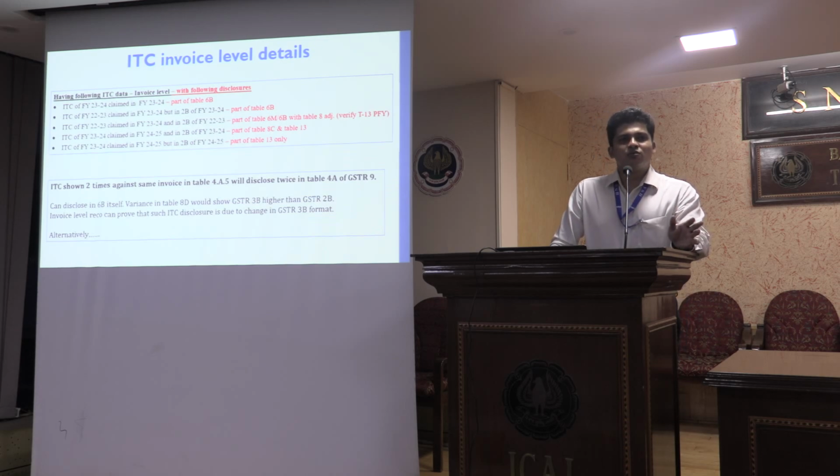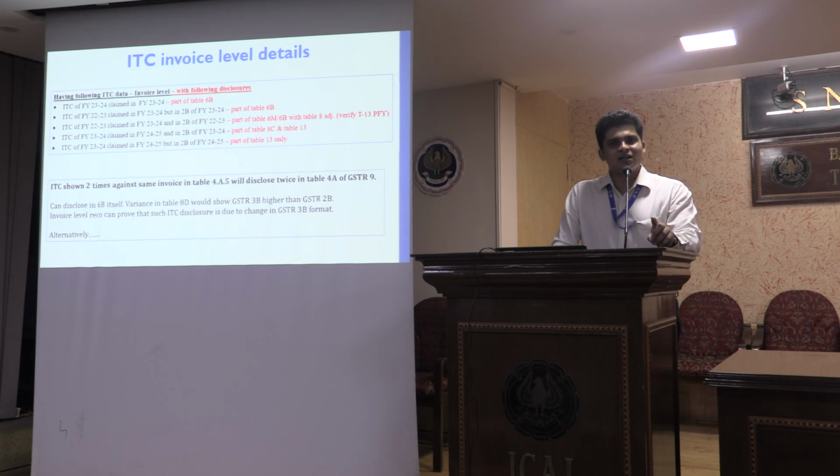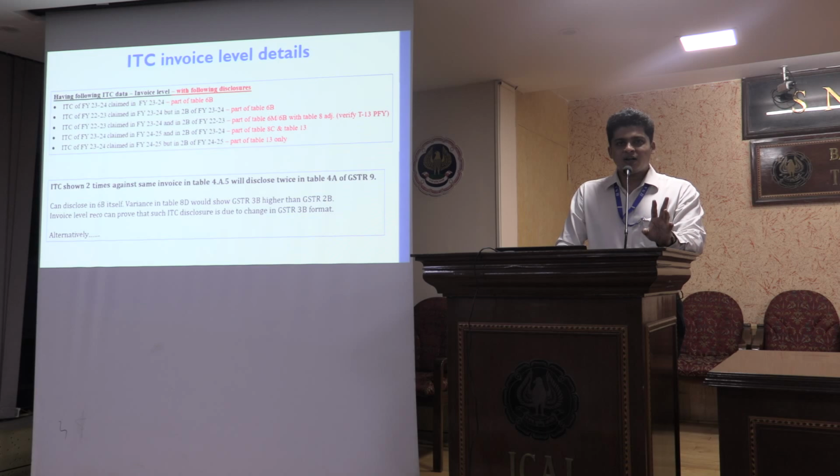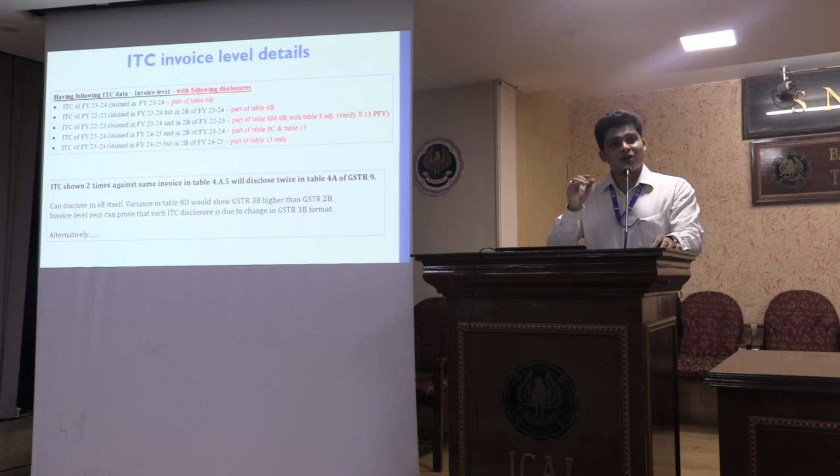What can we do to adjust this? We have two options. We can show it in table 6M or we can adjust it in table 8C. Alternatively, you can maintain the difference and give this explanation when they come for the departmental audit. There is also one more option.